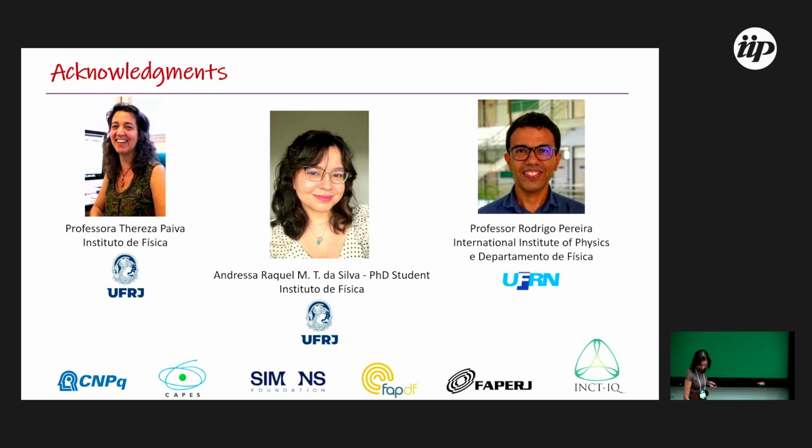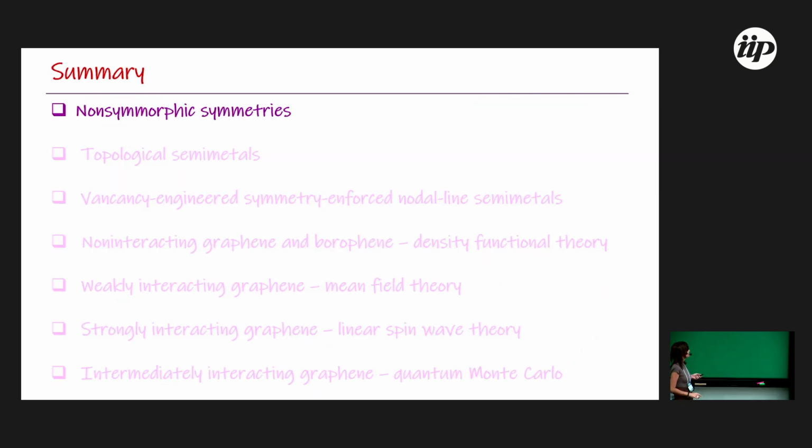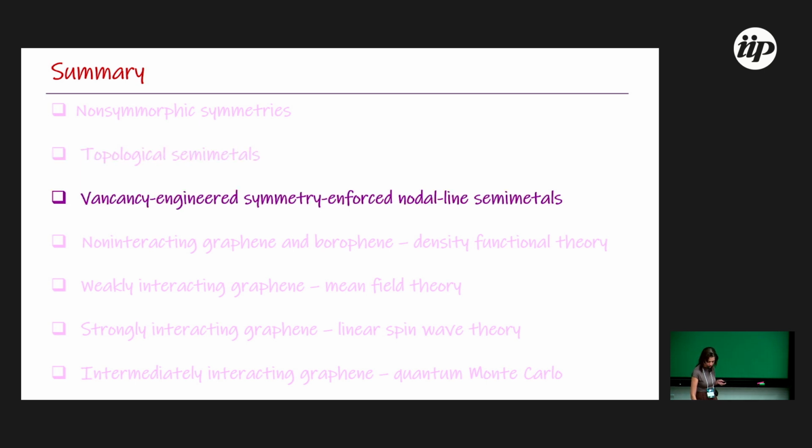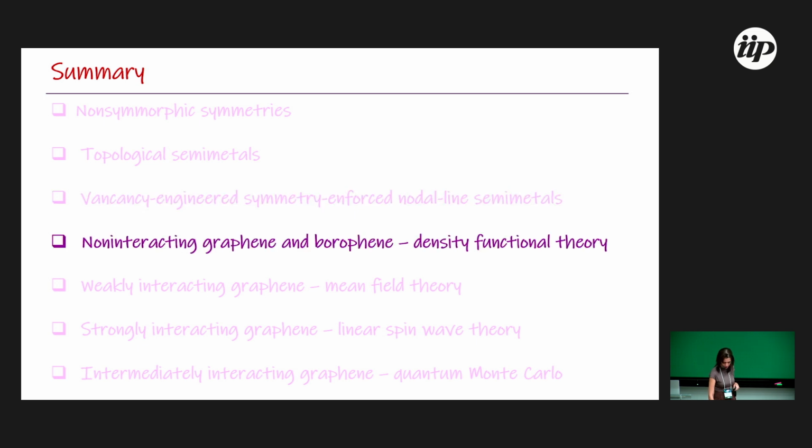Yeah, so without further ado, I would like to give a little bit of background, because I'm not sure how many of you have heard about this stuff that I'll be talking about. So I'll briefly introduce what these non-symmorphic symmetries are, and I'll make a very brief overview on topological semi-metals. And then the bottom line is that I can engineer nodal line semi-metals using vacancies, as I have already told you.